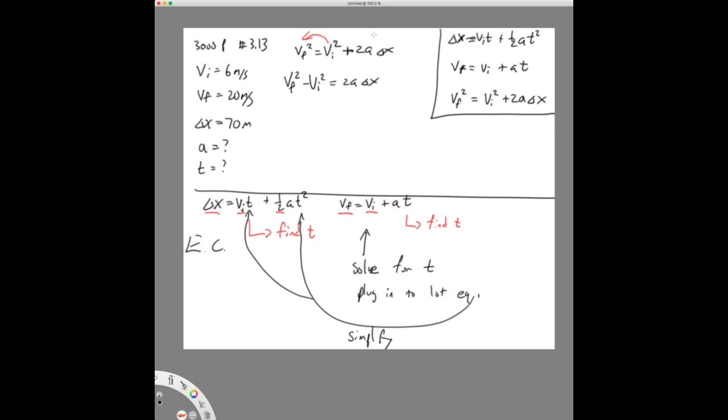And then anything that is attached, we move it by multiplication or division. So we're going to take now the delta x and the 2, and we're going to move them to the other side by division. So we have V final squared minus V initial squared over 2 delta x equals a.